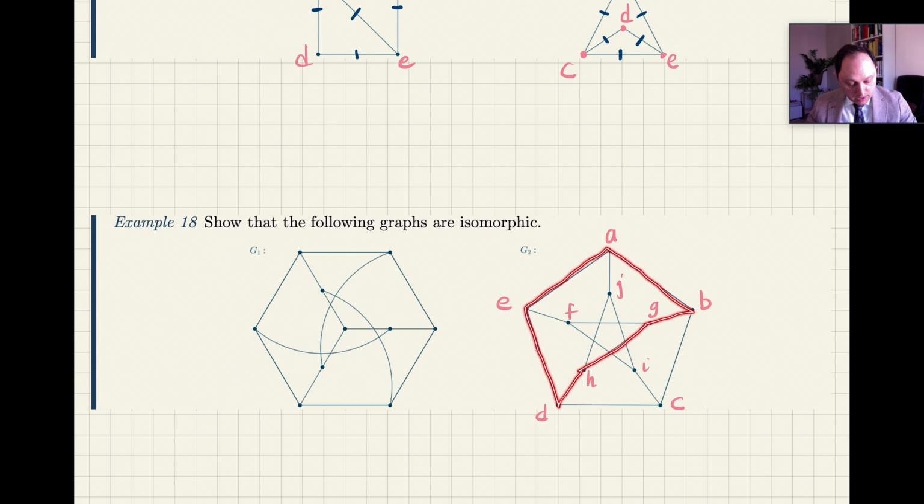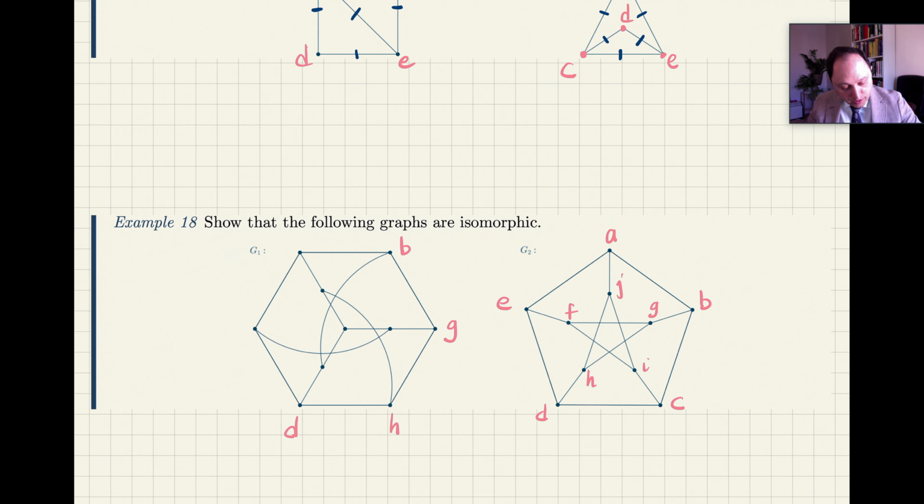And what I did, I just started randomly somewhere here in this hexagon. So I started putting a D here. And then you see that in this hexagon I go from D to H, so I wrote H here, and then you see what is the next coming, H to G, so I put this one G, and then I go from G to B. So you see, it is not hard.